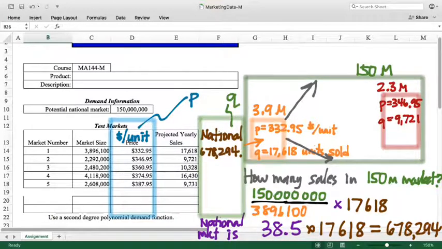Instead of Q measuring the number of units sold, just to make the arithmetic easier, I want to change this so that its units are thousands of units. And so to do that, I would just divide this number by 1,000. So that instead of Q being 678,294, it would be 678.294.